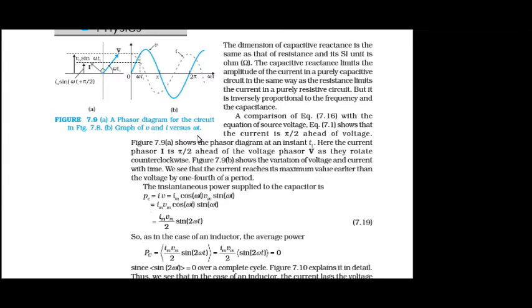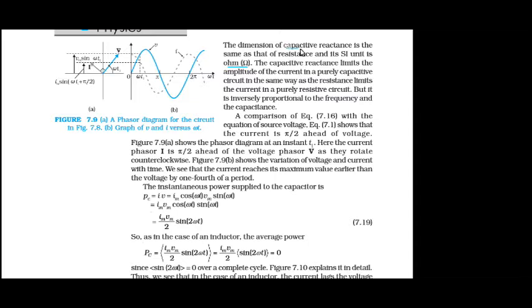So the dimension of the capacitive resistance is the same as the resistance and its SI unit is ohm.